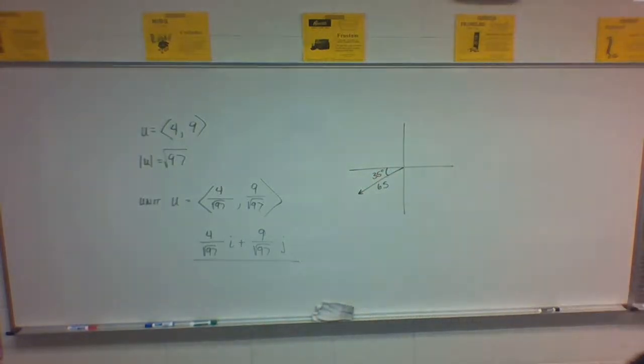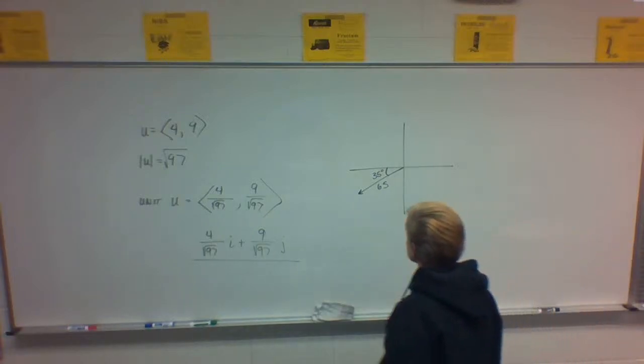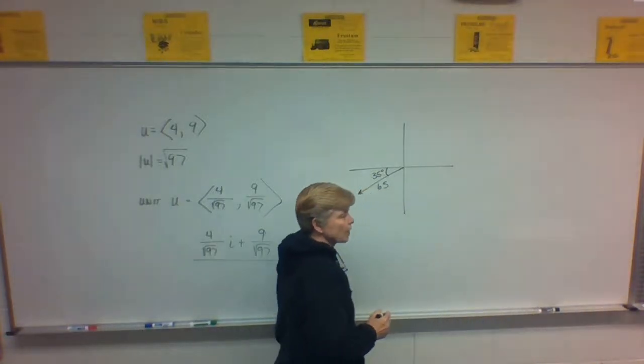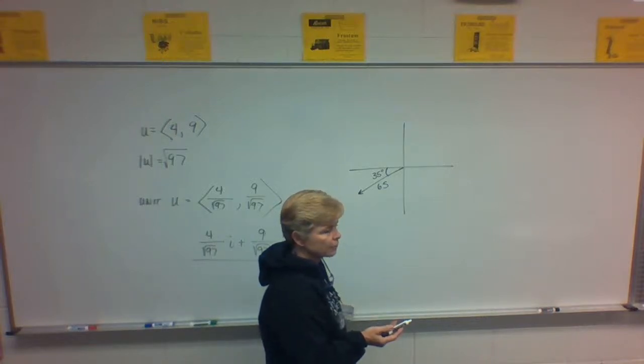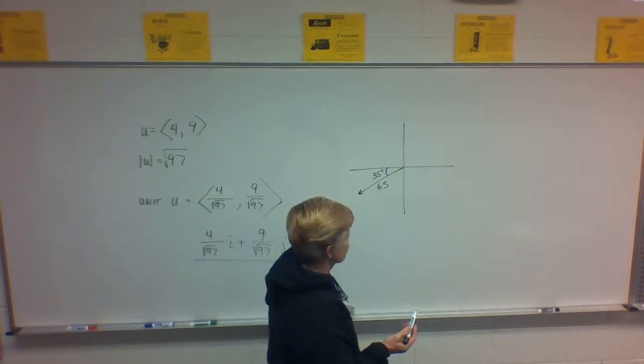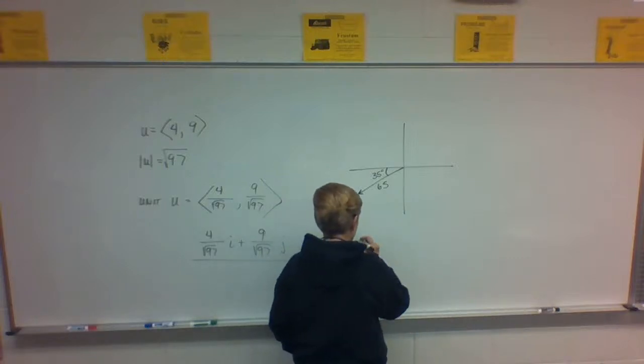You are to write the component form of that vector. And this is the one that they give the graph, right? It looks something like this. They give you an angle and they give you the length. Okay? You do not write this.